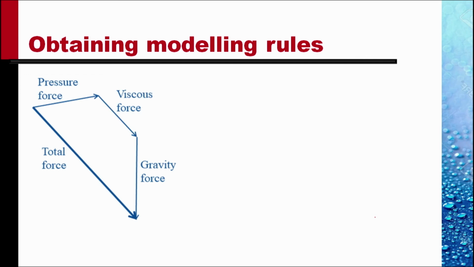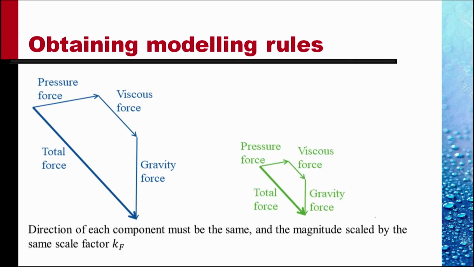Thus, if the total force in the prototype is the sum of these three forces, pressure force, viscous force, and gravity force, the vectorial sum of these gives the total force. Then in the model, every force would be scaled by the same scale factor, their directions remaining the same.